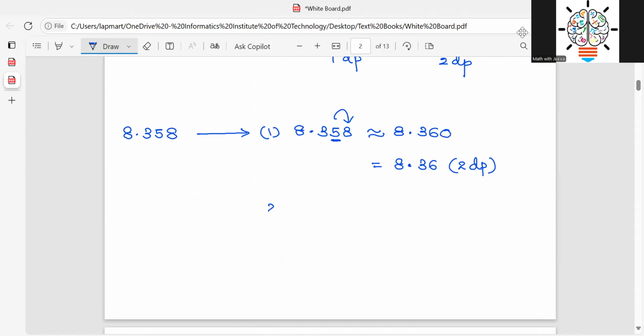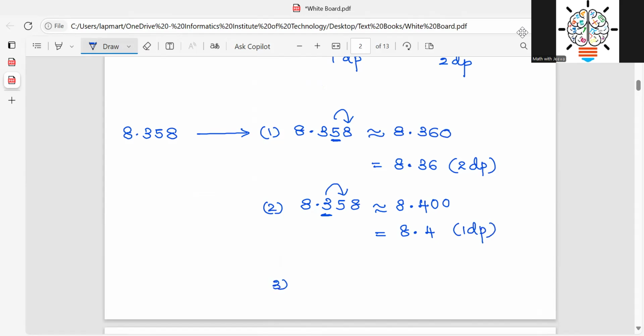So then the same number, 8.358, if I correct it to first decimal place, I underline it. I look at the next number. If the next number is 5 or more than 5, we add 1 to the underlined number, that becomes 4. Rest of the digits will be 0. Therefore, I conclude my answer 8.4 and 1dp. Okay.